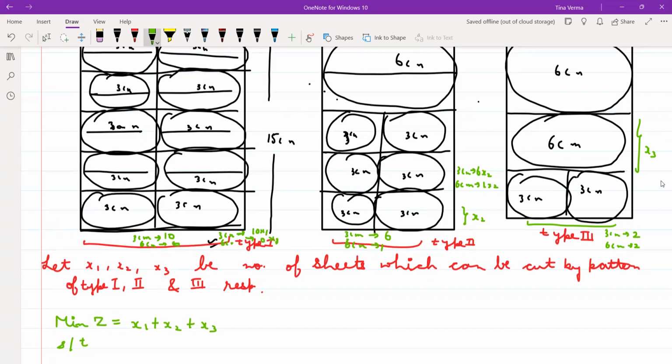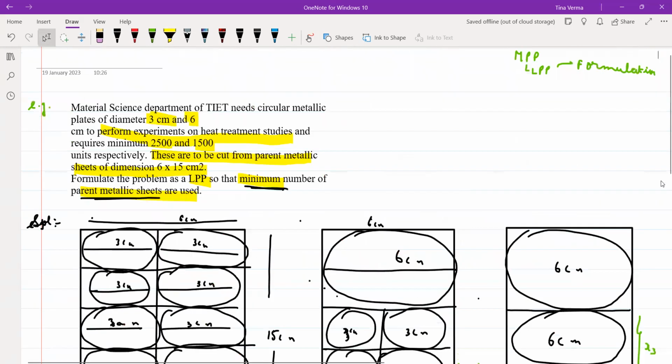X3. So what will be the number of 3 centimeter circular plates? 2x3, right? And for 6 centimeter, what is the number of plates? 2x3, right?